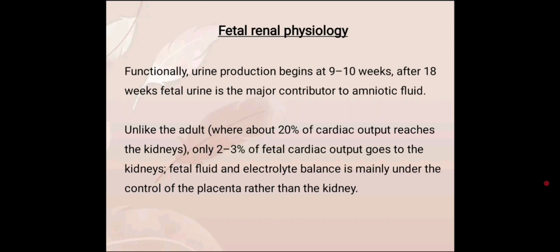The renal system develops early in fetal life and urine production begins at 10 weeks. By 18 weeks of gestation, fetal urine is a major component of amniotic fluid. In spite of that, unlike the adult, only 2% of fetal cardiac output goes to renal perfusion, because fetal electrolyte balance is mainly controlled by the placenta rather than the kidneys.